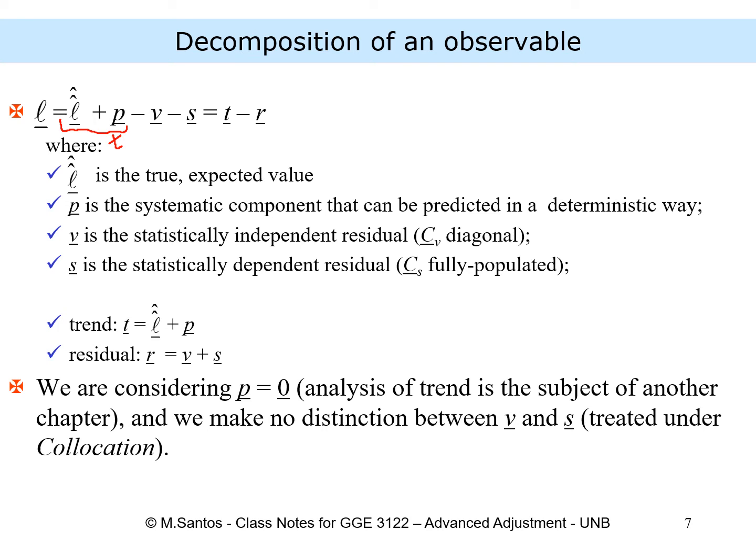Trend is the true or expected value plus the systematic component. And then we have the residuals R, which can be understood as these two terms put together.